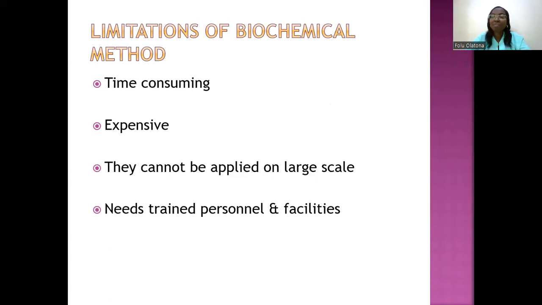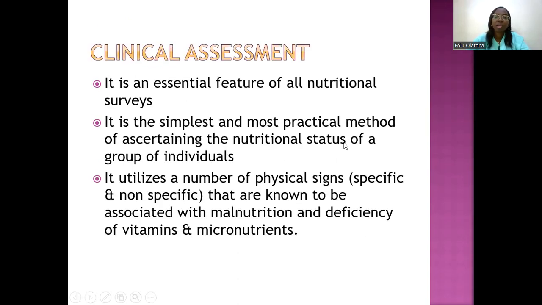I remember the last time I did a research to determine lipid profile, I was able to use only 20% of the whole population because it's difficult to apply on a large scale, but it's good enough to take 20% of your population and extrapolate the results over the whole population. Then we move on to clinical assessment.